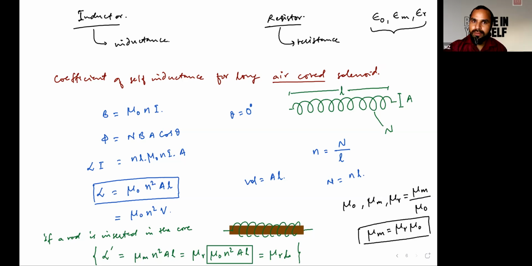Now you must have learned in your chapter 5 that there are three different types of magnetic material: diamagnetic, paramagnetic, and ferromagnetic.